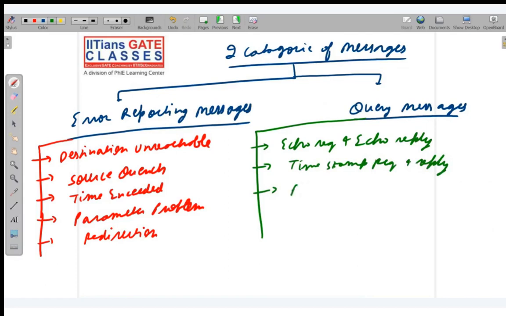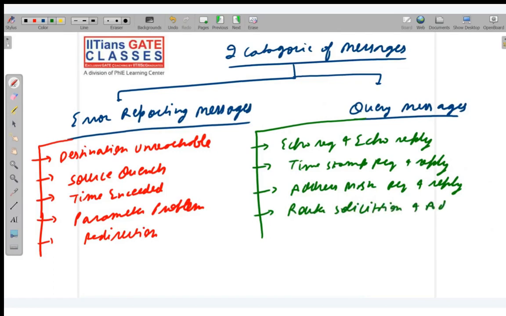Next is address mask request and reply. And the last is router solicitation and advertisement.